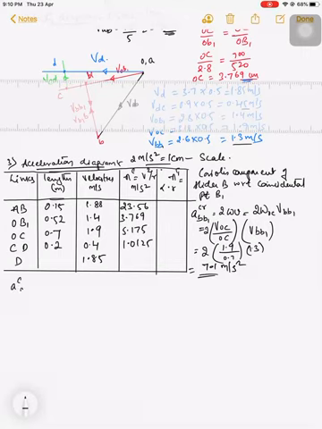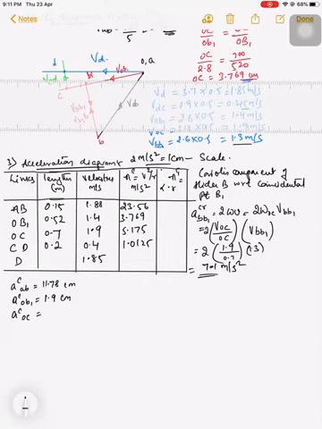So what will happen here? AC of AB, after conversion to the scale, will be 23.56 divided by 2, that is 11.78 centimeters. Next, OB1 will be 3.769 divided by 2, that is 1.8845, which we can take as 1.9 centimeters.